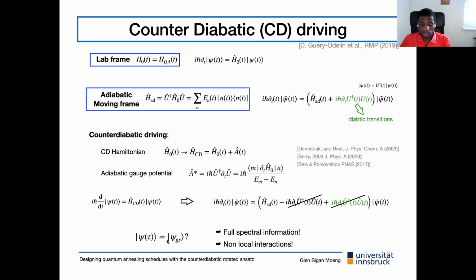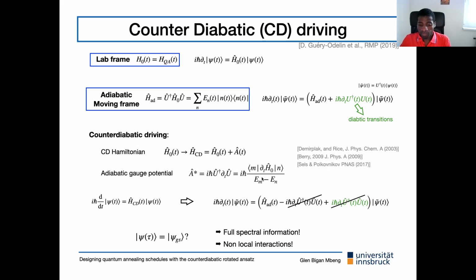So then it would seem that we have solved the problem, but it's not exactly like this, because to obtain this gauge potential, which is named A, we need full spectral information. So we need to actually know the eigenstates and eigenvalues of the Hamiltonian, in our case the annealing Hamiltonian, at each time t.